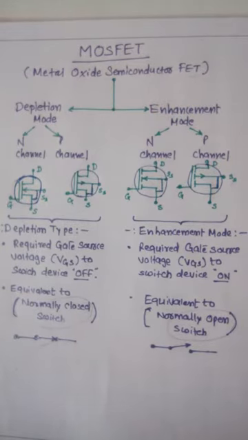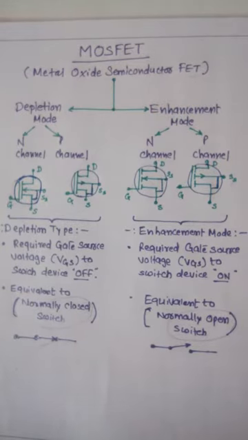Here is the construction of the N channel depletion type MOSFET. As shown in the figure, we take N type semiconductor material and P type semiconductor material. The P type material is considered the substrate, with terminal SS, and the N type materials are the source and the drain.